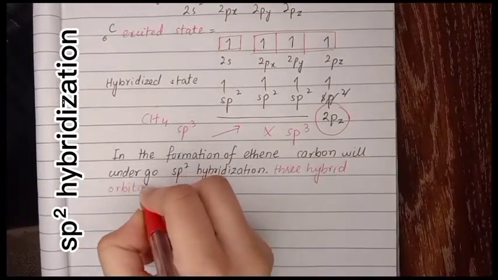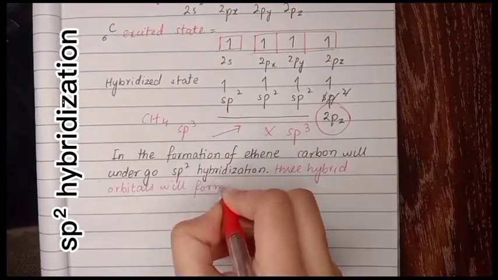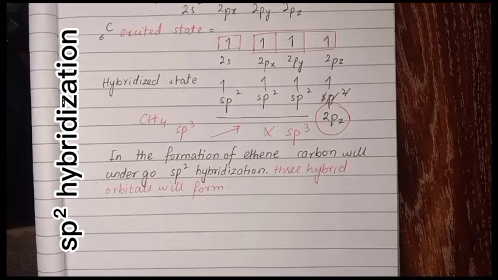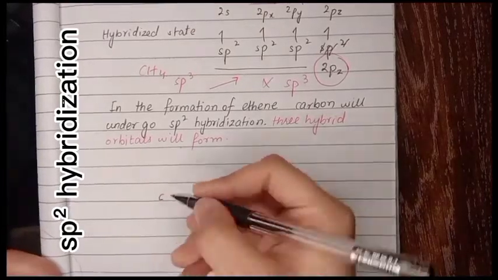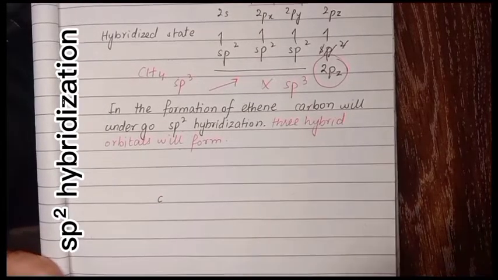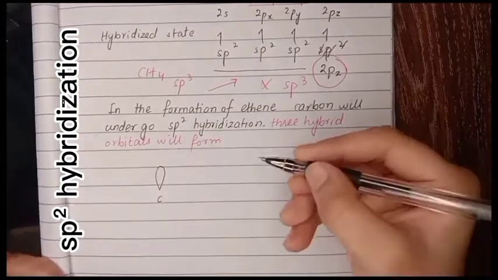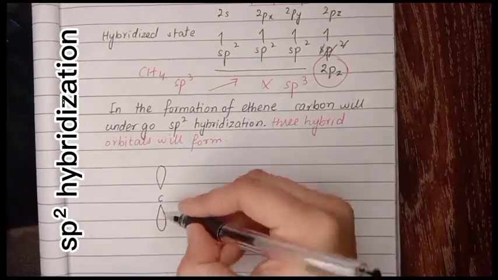Well, I'm going to draw the structure now, and I'll explain how CH2 and CH2 have a double bond and the sp2-s overlapping, and what the structure of ethene is.